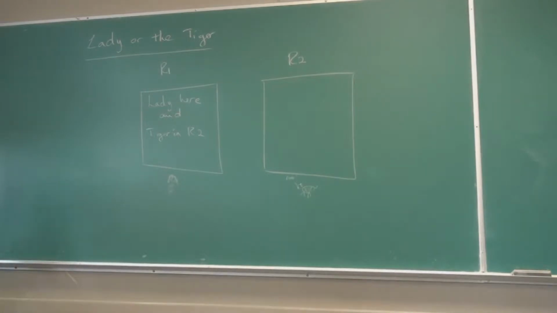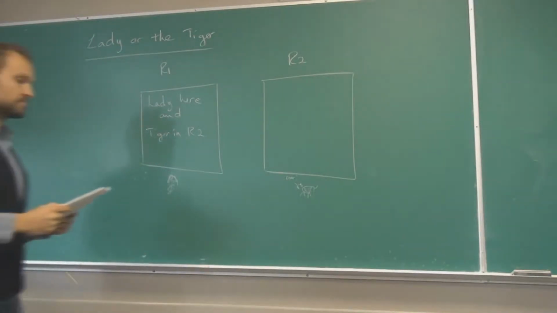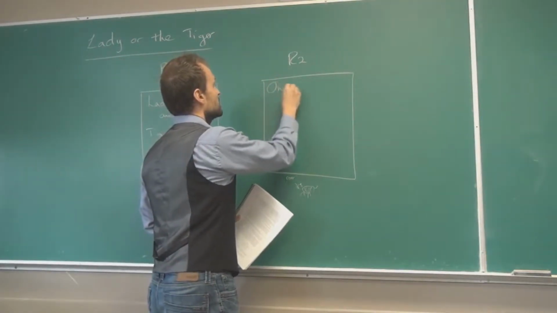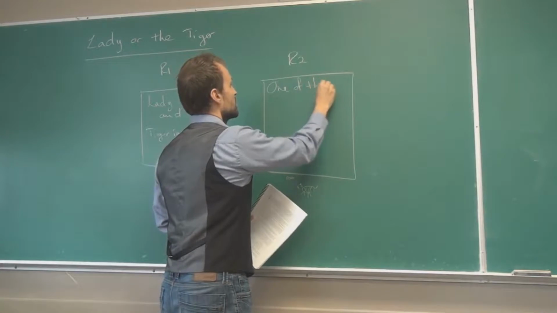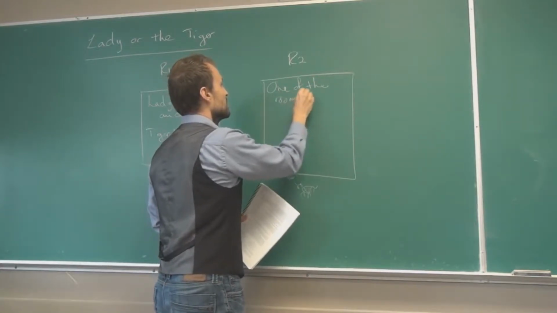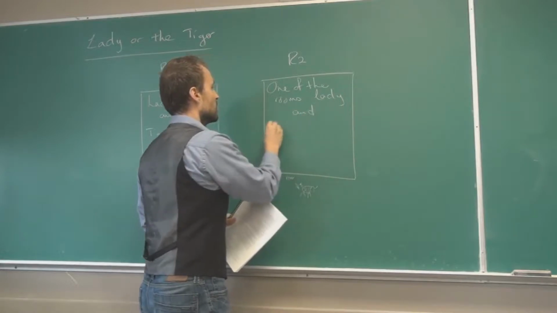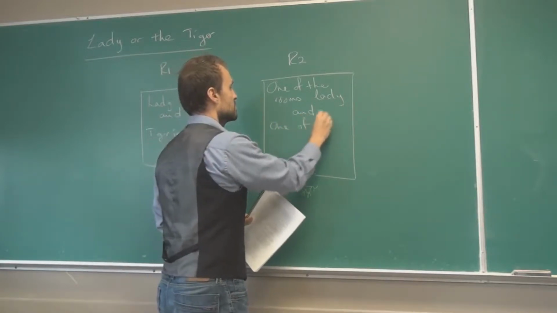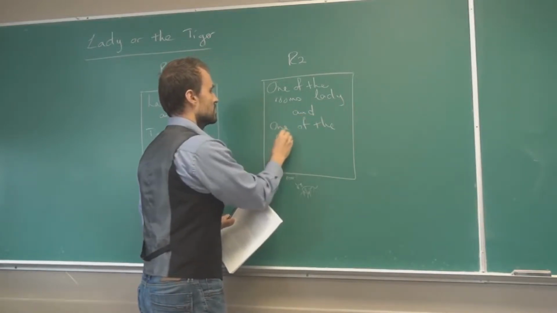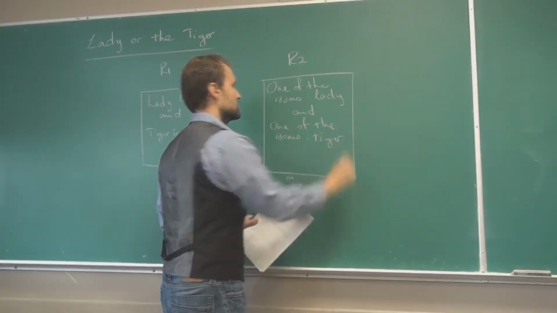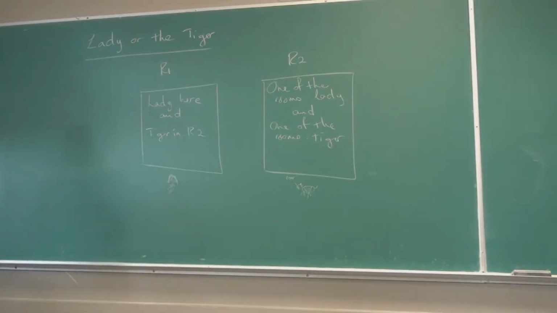And the second sign says in one of these rooms there is a lady, and in one of these rooms there is a tiger. Let's say here one of the rooms, lady, and one of the rooms, tiger. I'm only writing the first one to give us time to think.